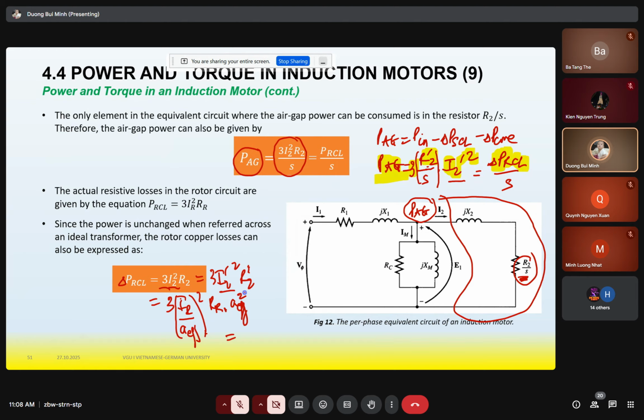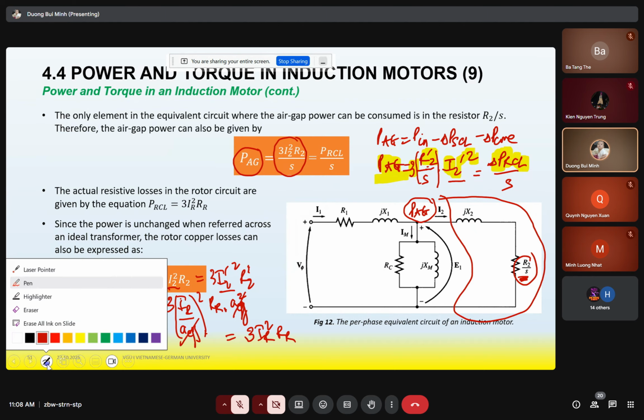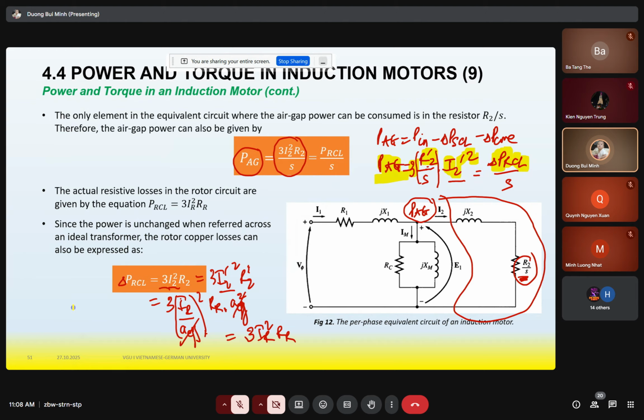So this is a_eff squared, this is a_eff squared, so we delete them. So you can get 3 I_R squared times R_R. Okay, so we have two ways to calculate delta P_RCL.